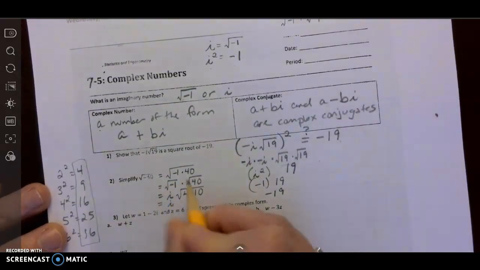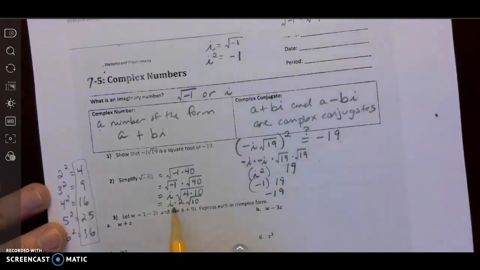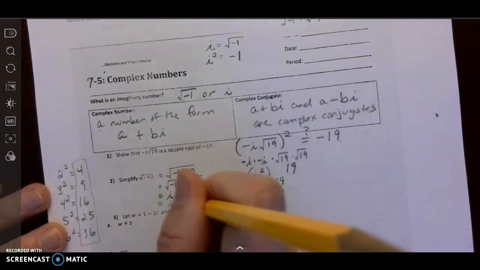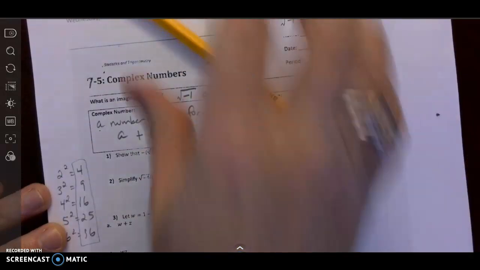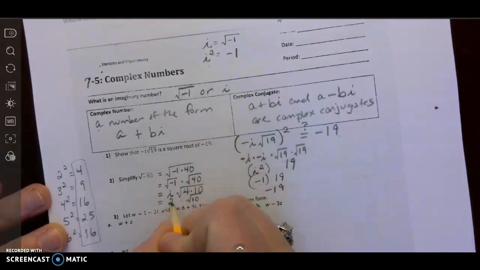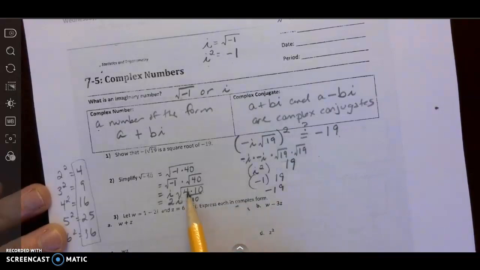And I get i, and I know that the square root of 4 is 2 times the square root of 10. Now I don't usually write i2 square root of 10, so I'm going to rewrite that as 2i times the square root of 10. Because the square root of 4 gave me the 2, still had the i, and the square root of 10 has to stay underneath the radical.